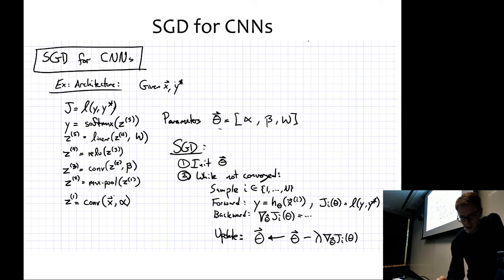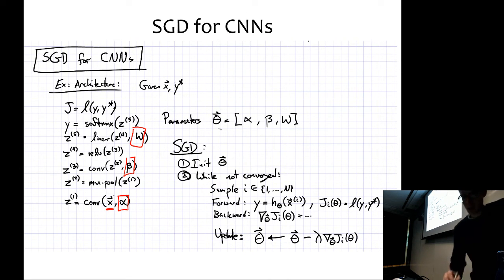Here, our input is some image x. Then we have parameters at different layers, namely these alpha parameters from this convolutional layer, the beta parameters from this convolutional layer, and then some w parameters from this linear layer. Our goal is to learn those three sets of parameters.